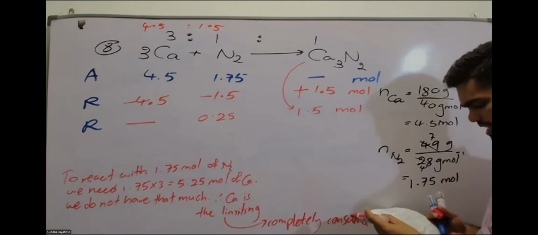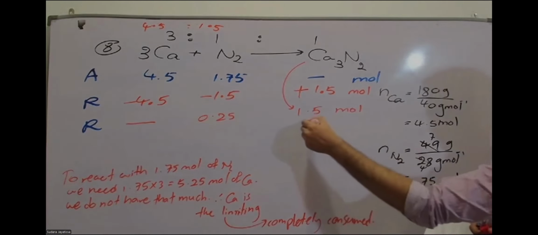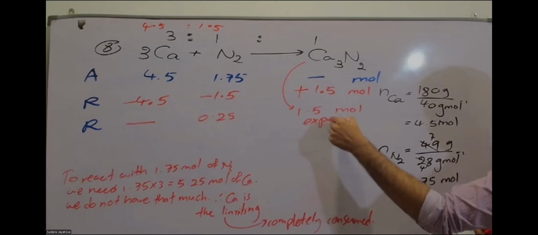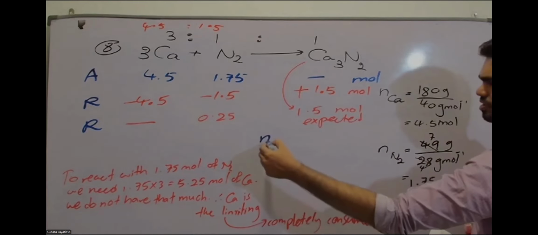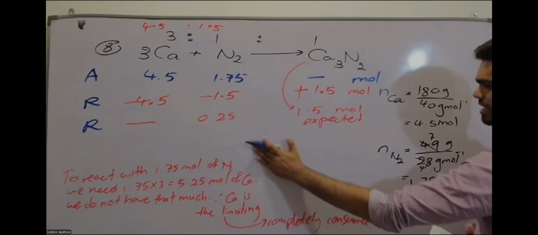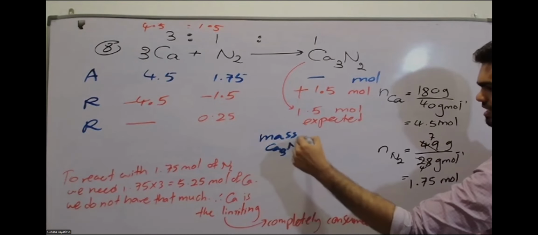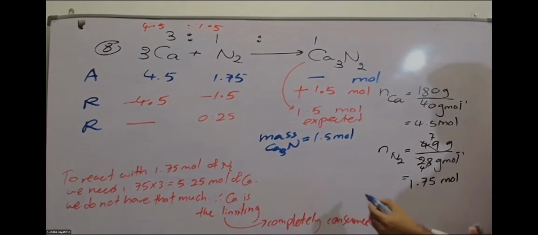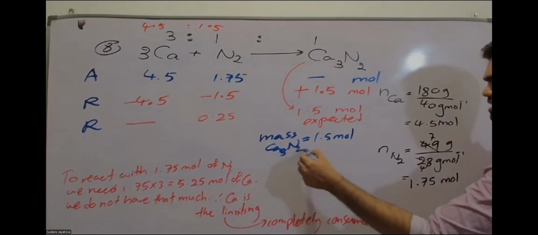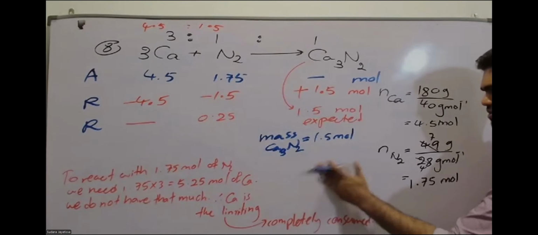Okay. So theoretical mass means what we are expecting here. So you can see this 1.5 is expected. So theoretical mass means that one. You can find the mass of calcium nitride by multiplying 1.5 moles by its molar mass. So Ca3N2, 120 plus 28, so 148.